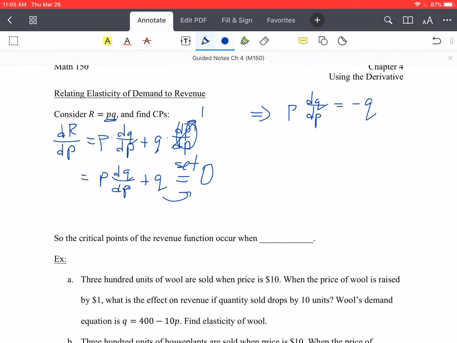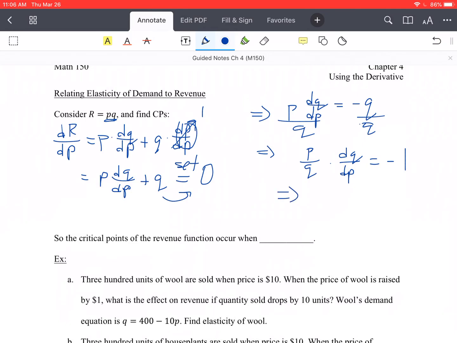And then I'm going to actually divide both sides of this by q. So that's going to give us p over q times dq/dp equals negative 1. And you might be able to see where I'm going with this.